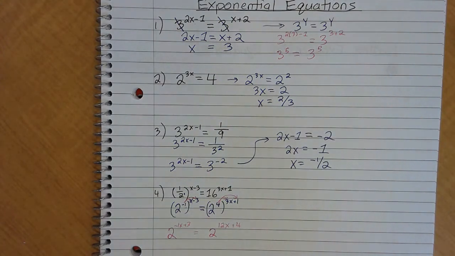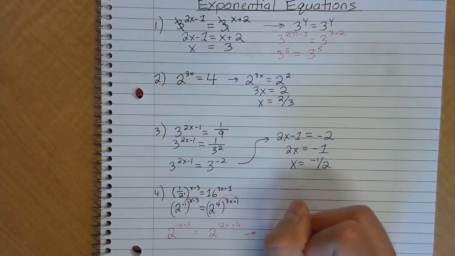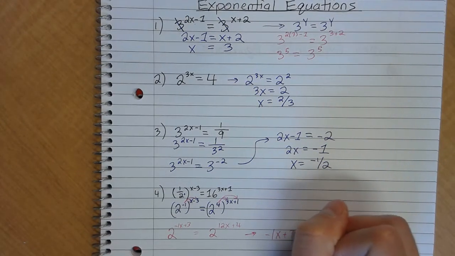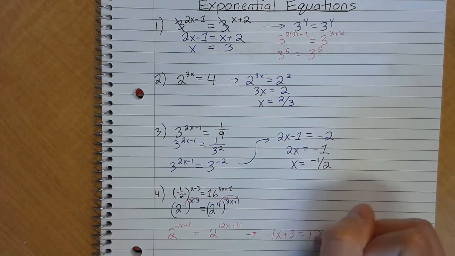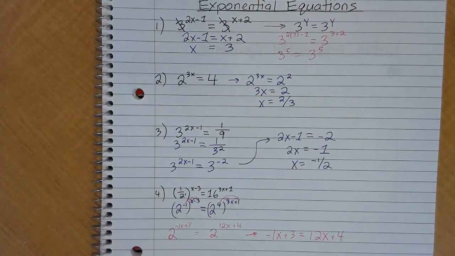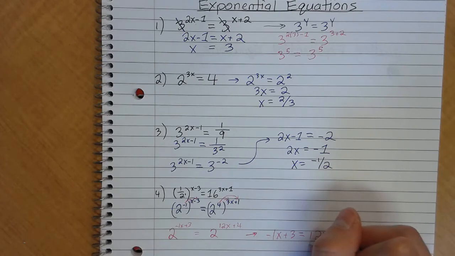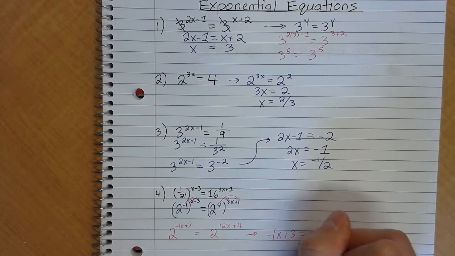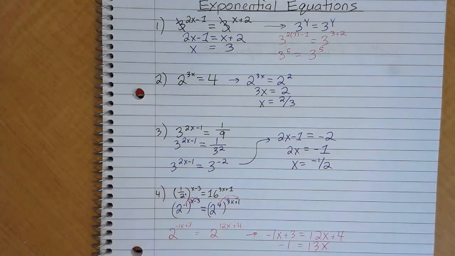Well, now all I got to do is get rid of those 2's and then solve negative 1x plus 3 equal to 12x plus 4. From there, like we've seen before, we just got to do some quick solving. So I could add x to both sides and subtract 4 from both sides. Give me negative 1 equals 13x.